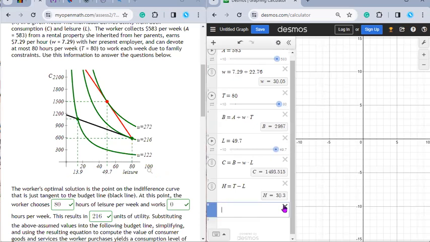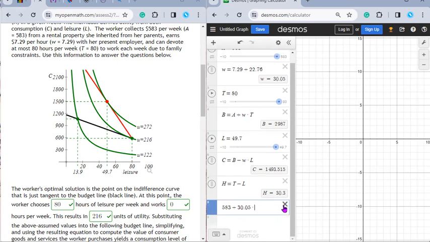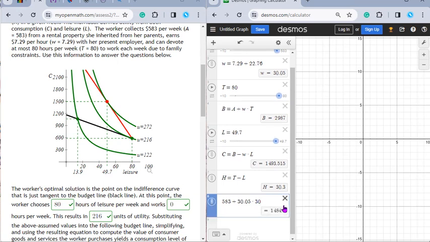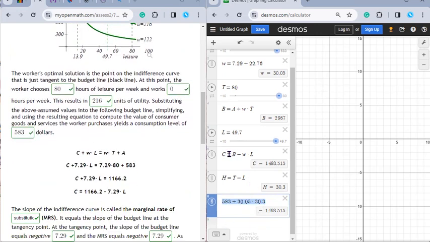Or I can calculate it down here. The allowance is 583. The new wage is $30.05, and we're working 30.3 hours a week. So when I use the income approach to calculating the amount of consumption this person makes versus calculating the consumption function from the budget line, I get the same exact numbers.